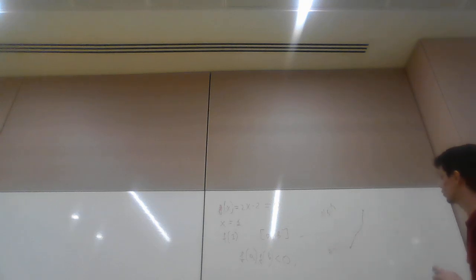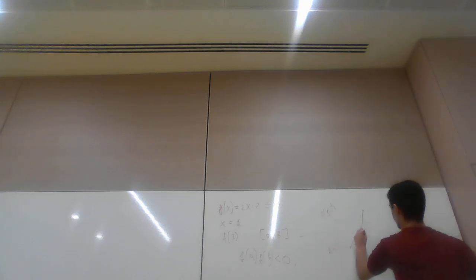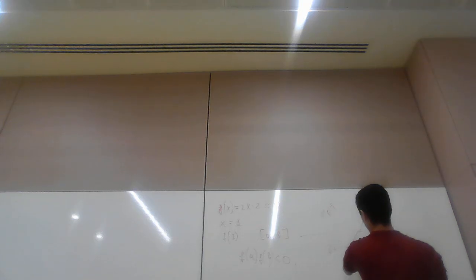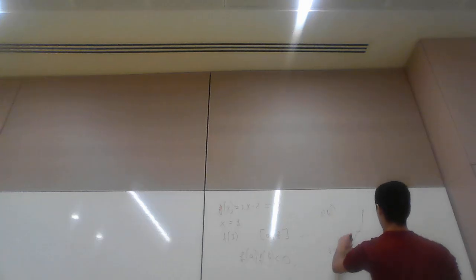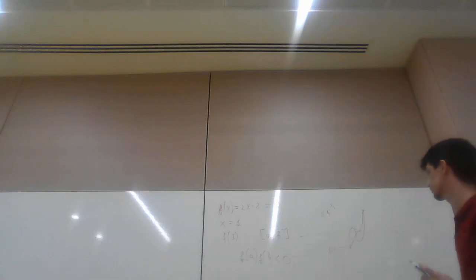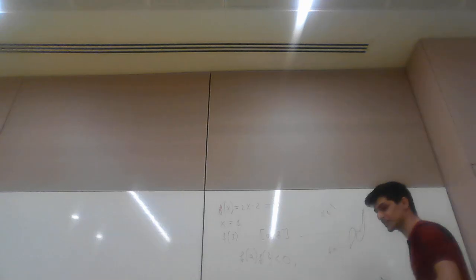Then it at least has one zero. Why do we say at least one zero? Because it can also go like this. In this function, for example, it has even 3 zeros, but at least it has 1 zero.